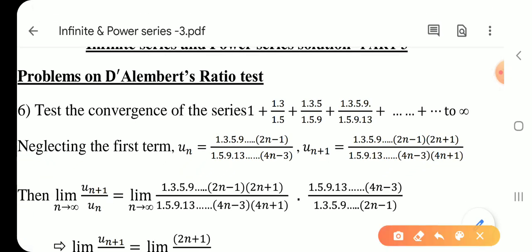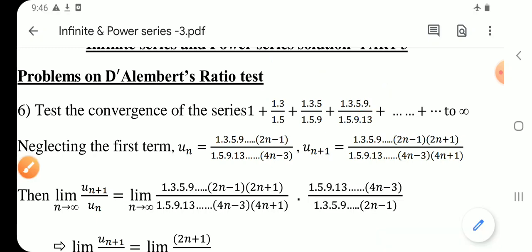To find the nth term, here if you see the third term, it is 1 into 3 into 5 into 7, not 9, it is 7. See this properly. The difference between the second and first term is 2, third and second term is 2, 7 minus 5 is 2.